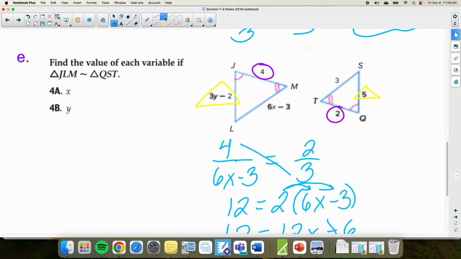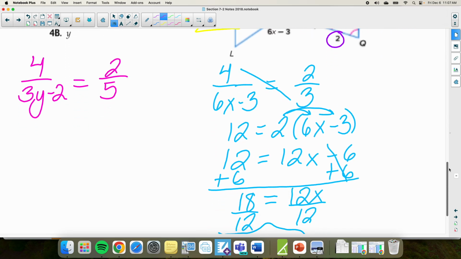Or you could stay in the same triangle and go purple over yellow equals purple over yellow. I think I'm going to stay in the same one. Again, I'm going to go purple over yellow equals purple over yellow. And you can easily do that by using a pen and a pencil, or you could do 2 colored pencils or something. So now what I'm going to do here is cross multiply.